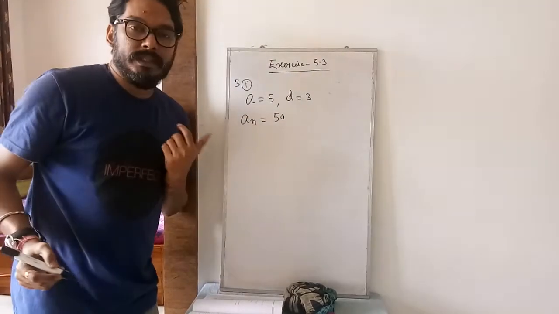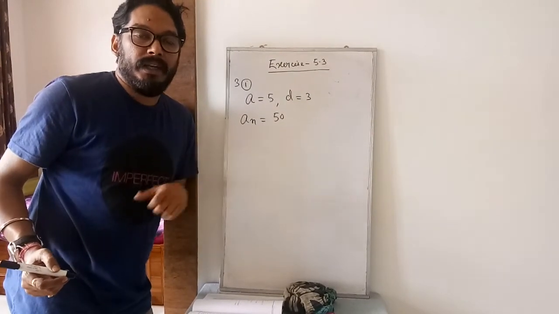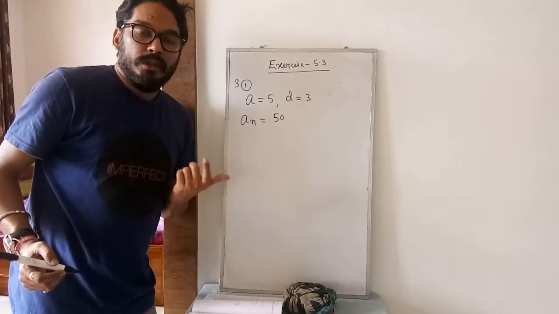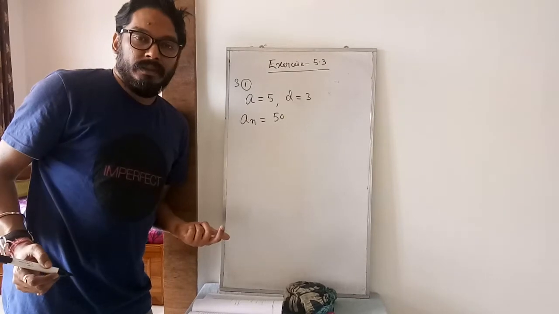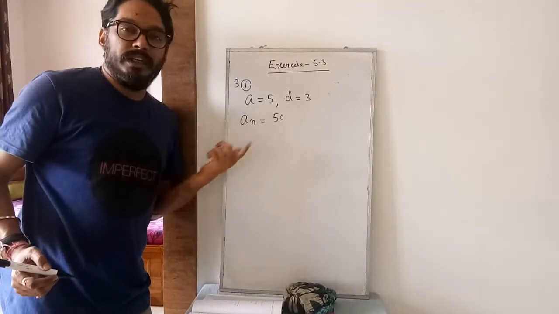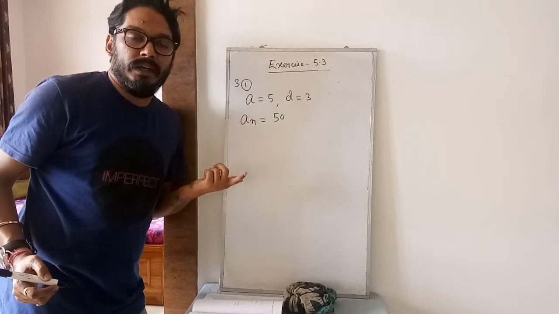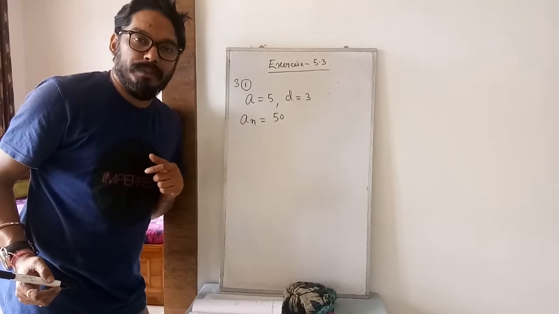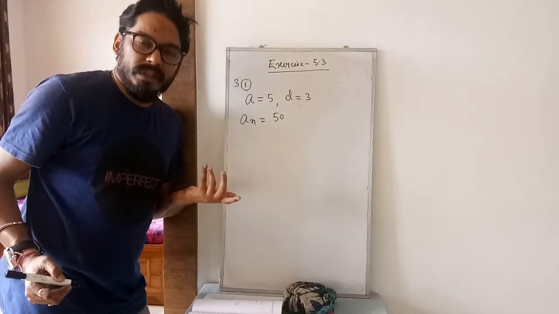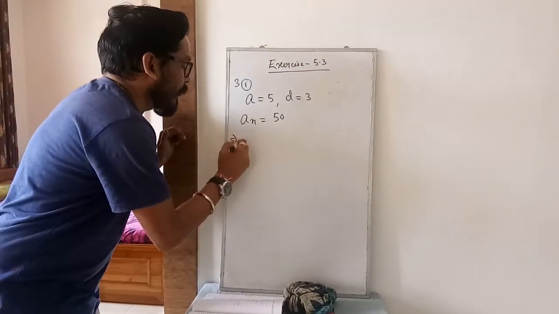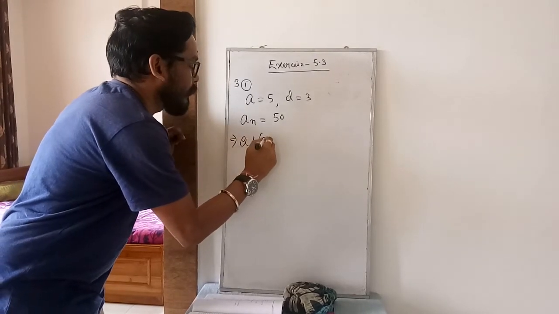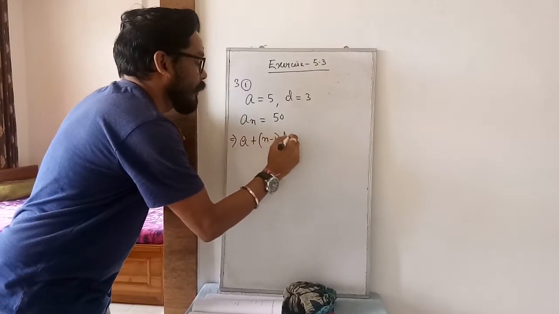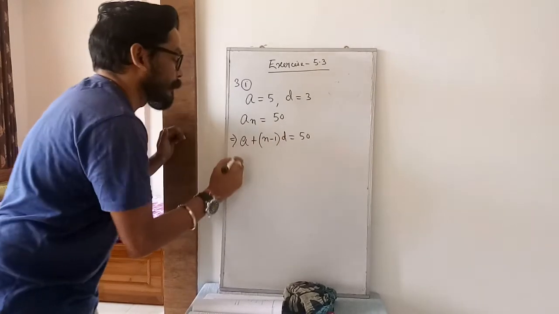So I will follow the same rule which I have applied in question number 2. They have mentioned here to find n. You can easily find n by using the formula for the general term of an AP series or AP sequence. So an is a plus n minus 1 into d, equal to 50.